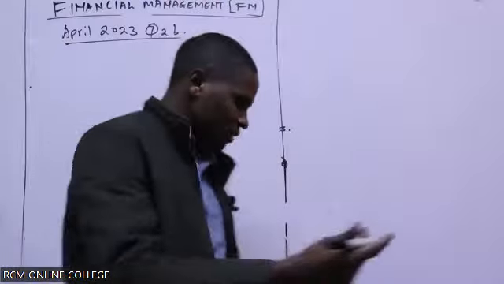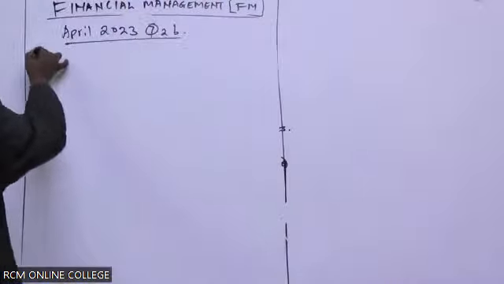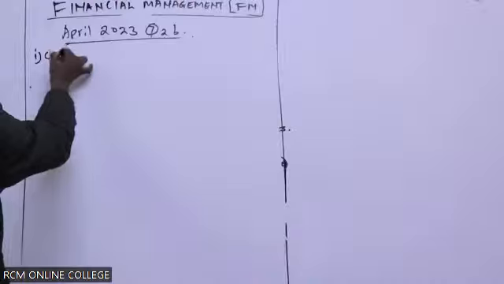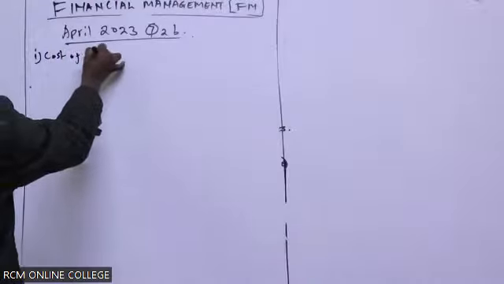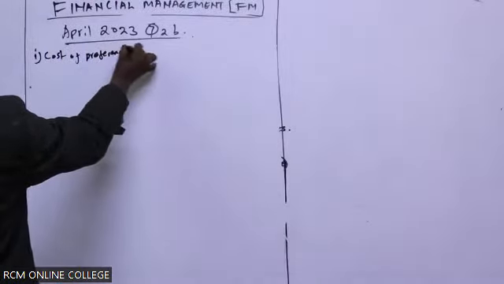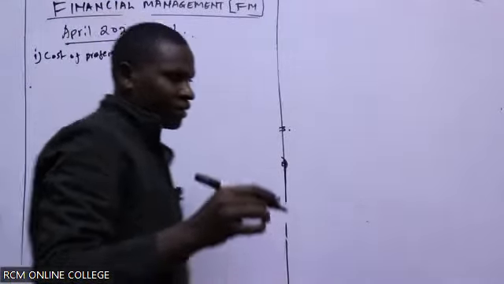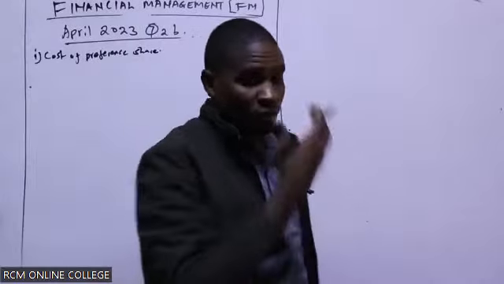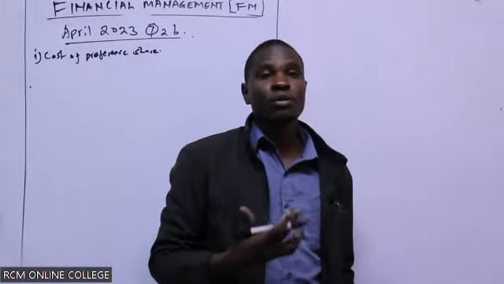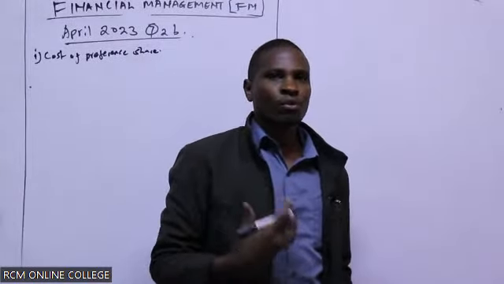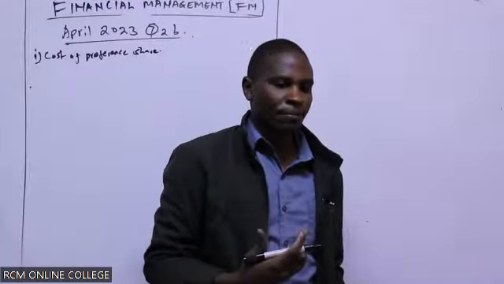We are to come up with, number 1, the cost of preference share. I told you that the important thing under financial management is for you to know the formula. Now, can you give me the formula of our KP?